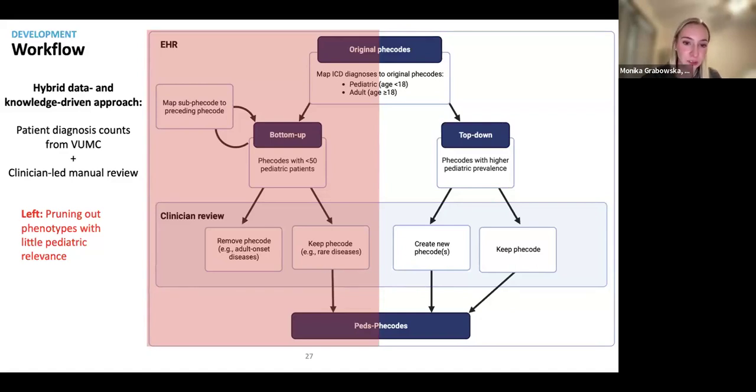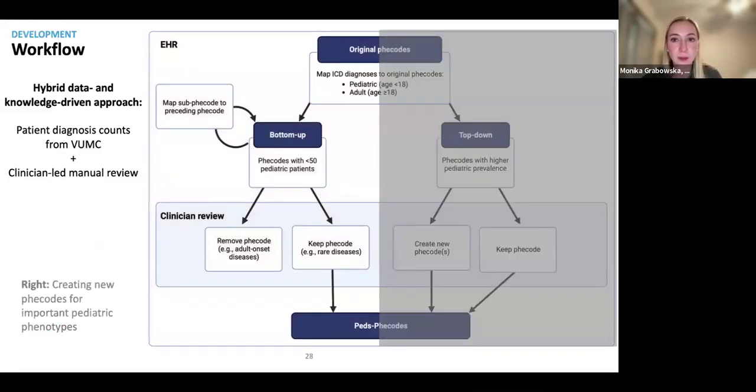And then the clinicians on our team reviewed those low count phe codes to determine which phe codes should be removed, which would be those phe codes that represented adult onset illnesses, and also making sure to keep phe codes that had low counts, for example, because they were rare diseases, although they still affected pediatric patients.